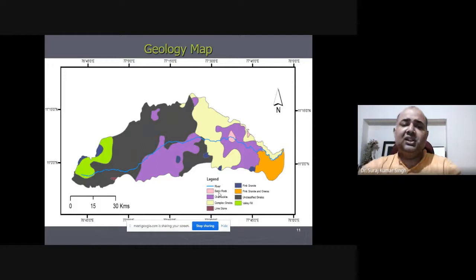Geology is the different kinds of lithologies or rock types available in that area, because each and every rock type has different porosity and permeability. That is again connected to the amount of recharge that is going to happen, whether the area of investigation has a high recharge or a low recharge.